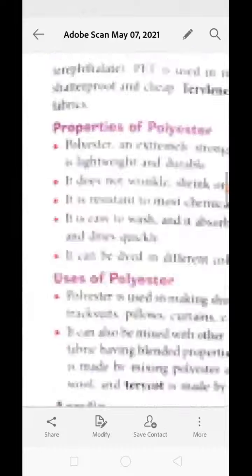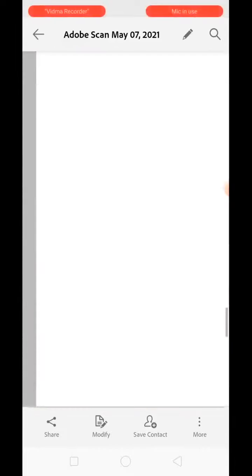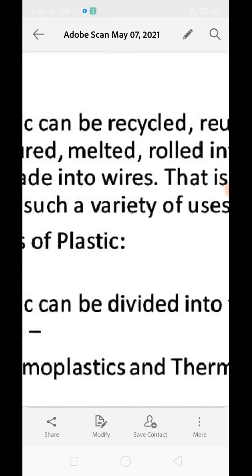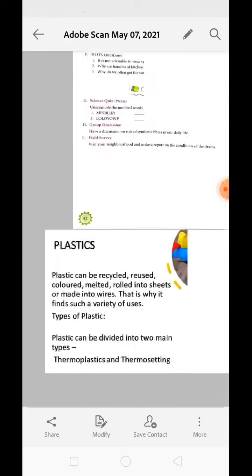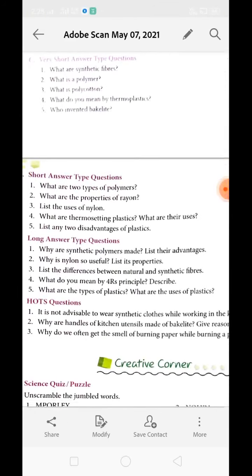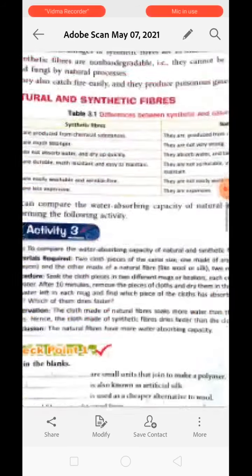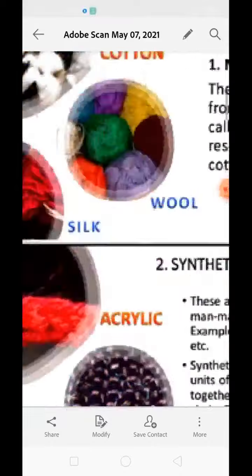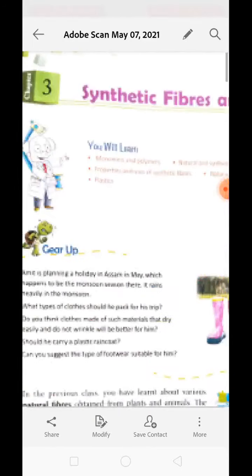Now next question. What are the properties of rayon? Okay, properties of rayon is discussed in part where we are talking about rayon fiber.